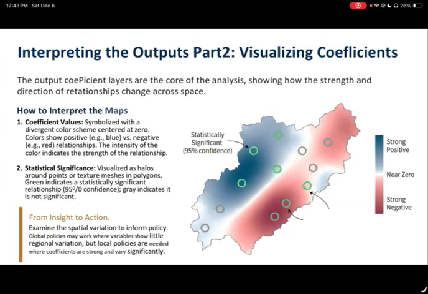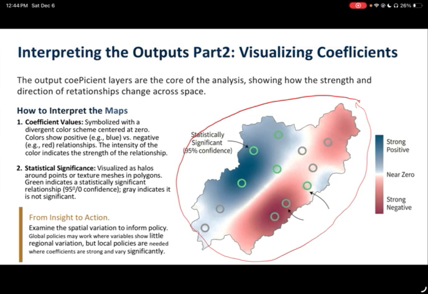And we also need to learn how we visualize the coefficients. Here, the output of the coefficients layer can be interpreted as follows. When you run GWR in R or QGIS, or you run MGWR in R and QGIS, in the end, they will generate a map like this.